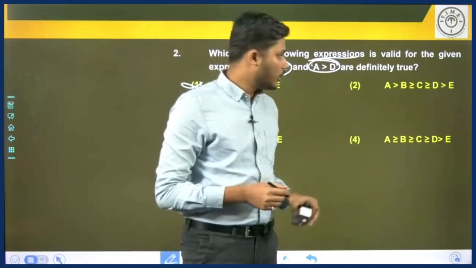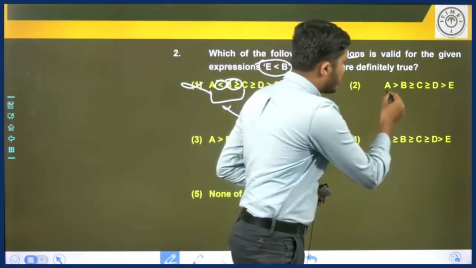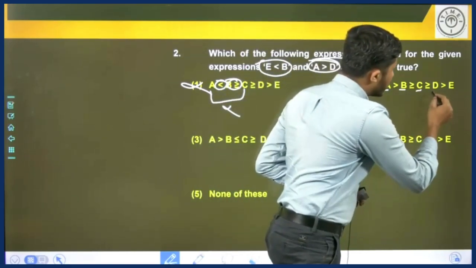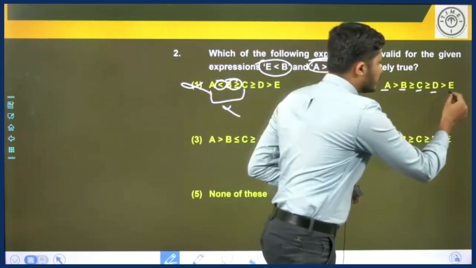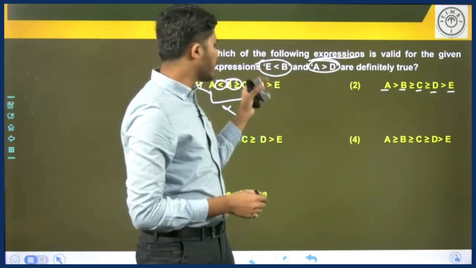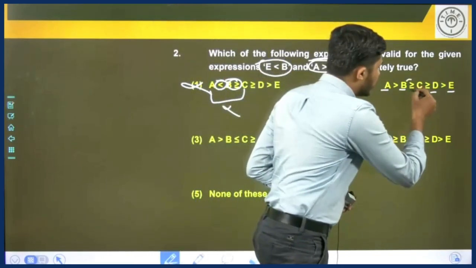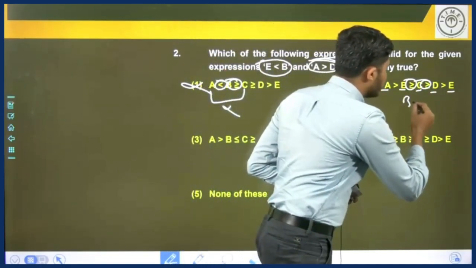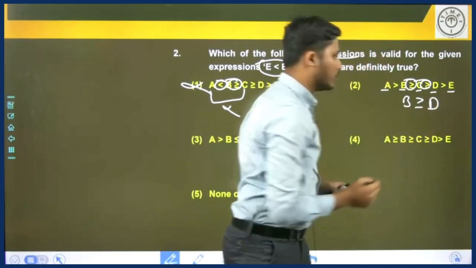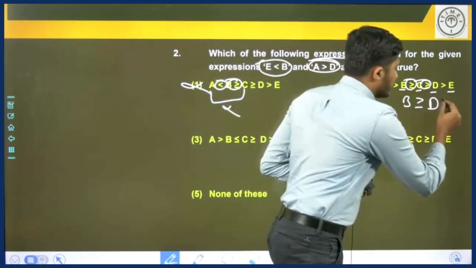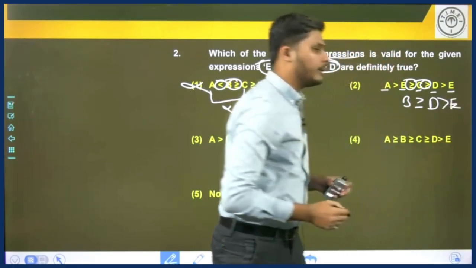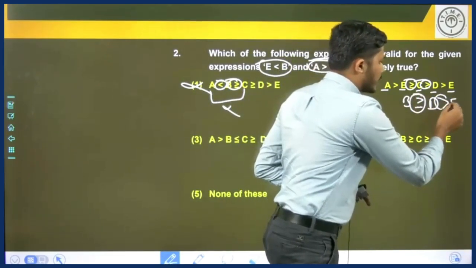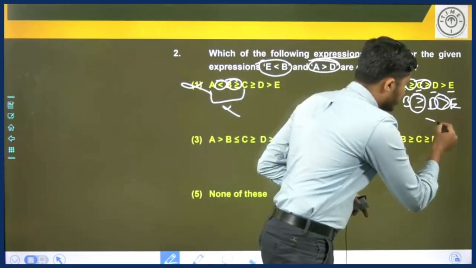Now let's look at the second option. The statement here is A greater than B, B greater than or equal to C, C greater than or equal to D, and D greater than E. Similarly, let's first check the relation between E and B. Both the symbols are greater than or equal to, so the end result will be B greater than or equal to D, and the relation between D and E is D greater than E. As the symbols are greater than or equal to and greater than, the end result will be greater than.